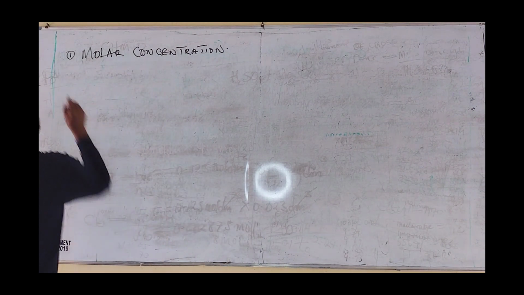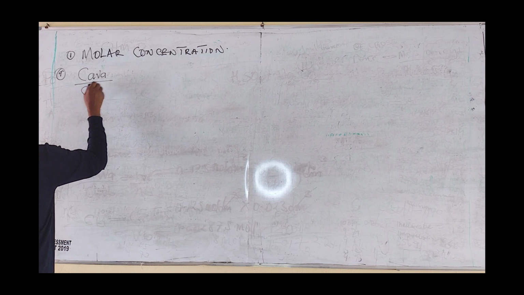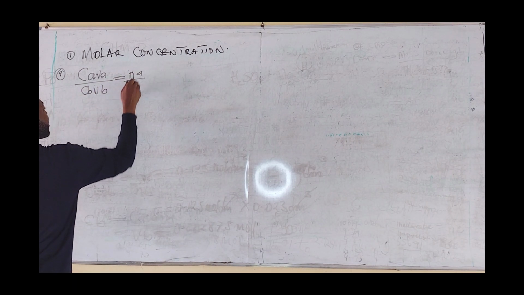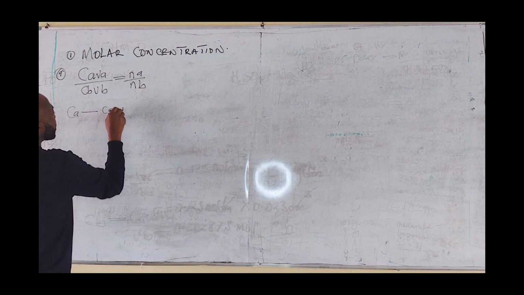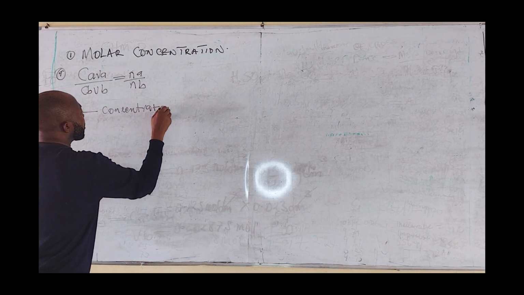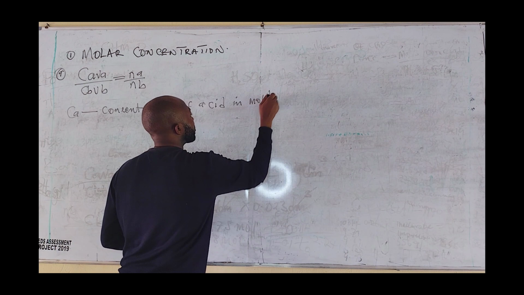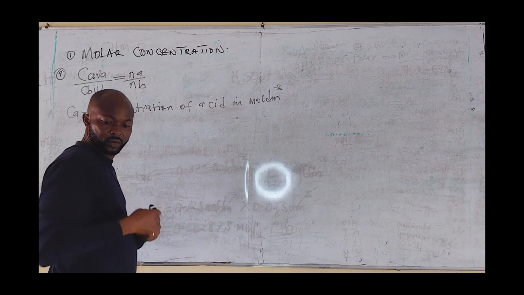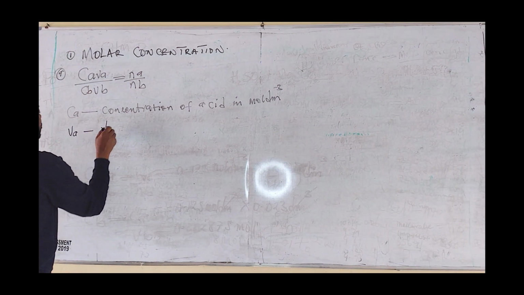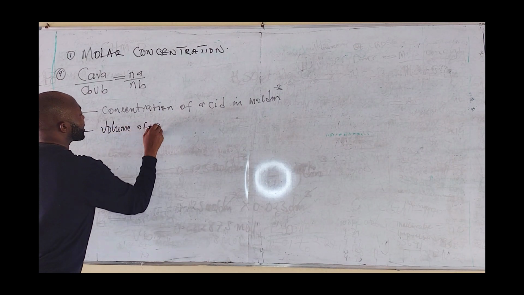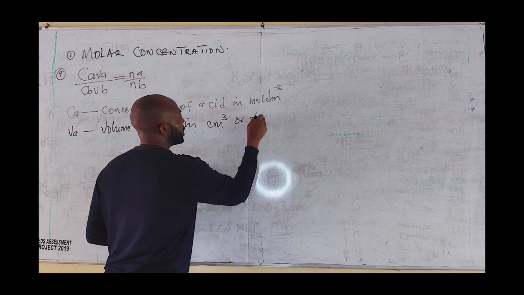So that one, A, will be CAVA over CBVB equals NA over NB, where CA here is concentration of acid in mole per dm³, VA is volume of acid in cm³ or dm³.